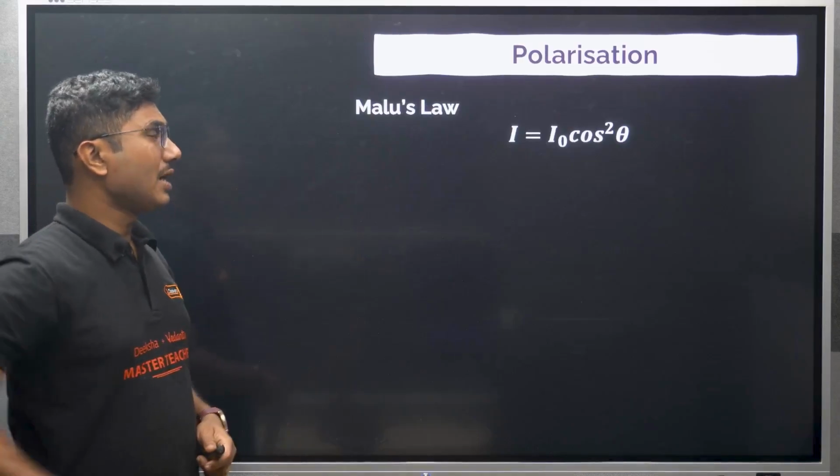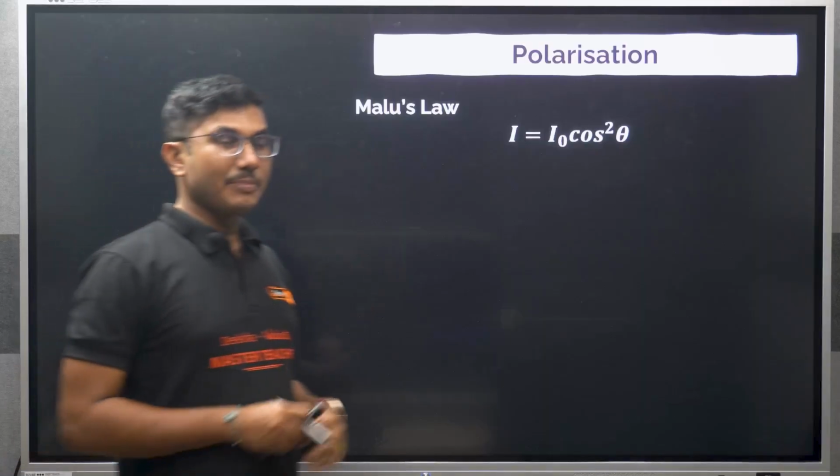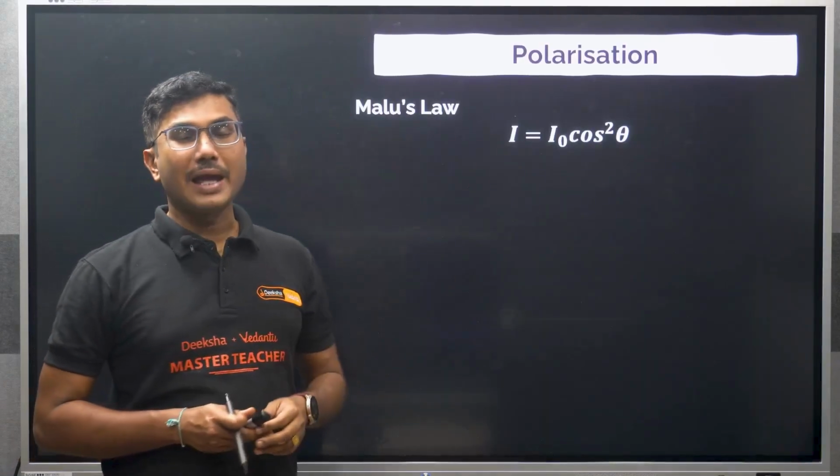And last formula, last but not the least, one of the formulas which came repeatedly in KCET year after year, that is based on Malus law.